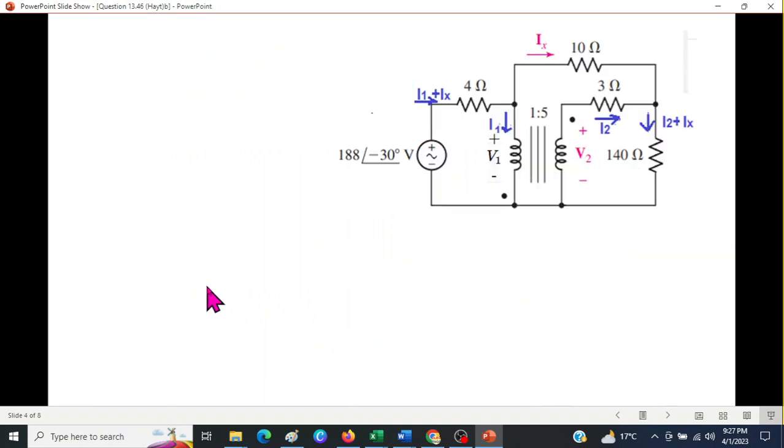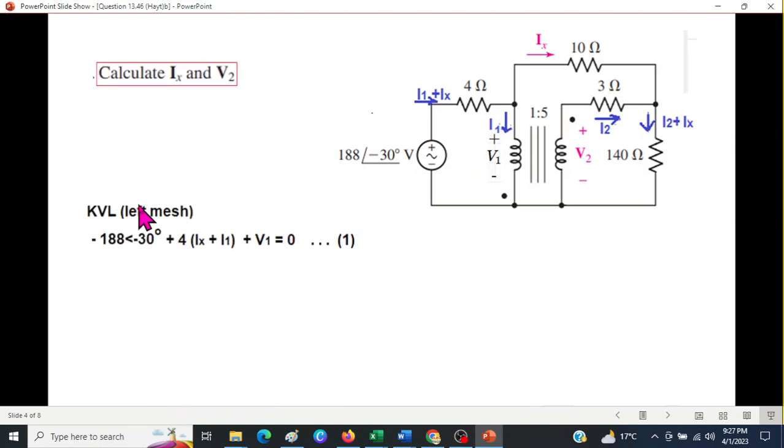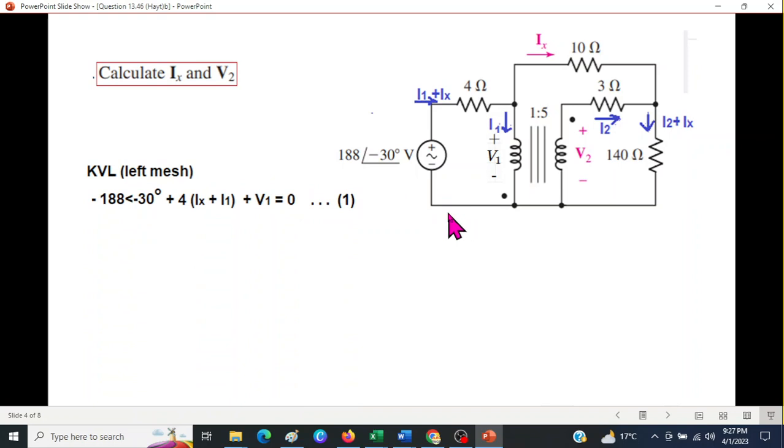Now the first thing we'll do is write the KVL equation for mesh number 1, mesh number 2, and the outer mesh. You can also try to solve this by nodal analysis, but I think mesh analysis is much easier here. So KVL in the left mesh: we start from here, negative 188 angle 30, 4 times I1 plus Ix, and plus V1.